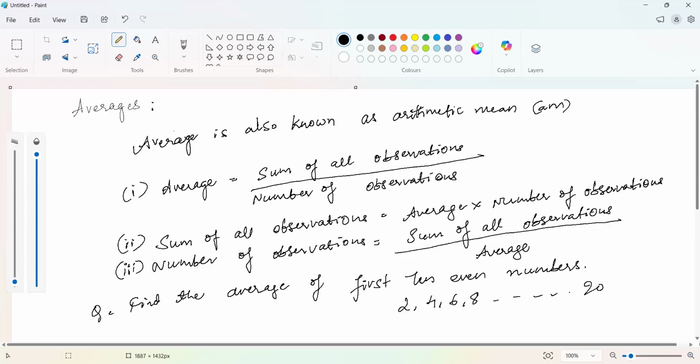What is the answer you're getting? 11. Yes, correct. So we'll be getting the value as 110 divided by 10. So you should be getting the value as 11.